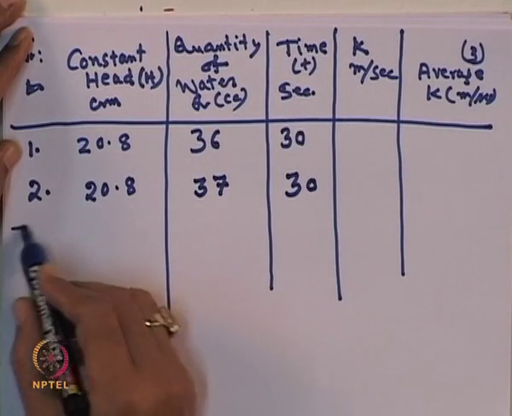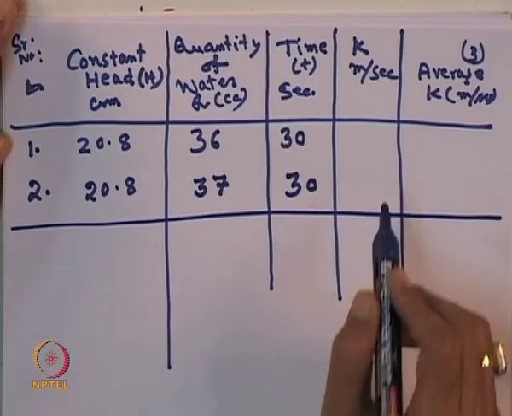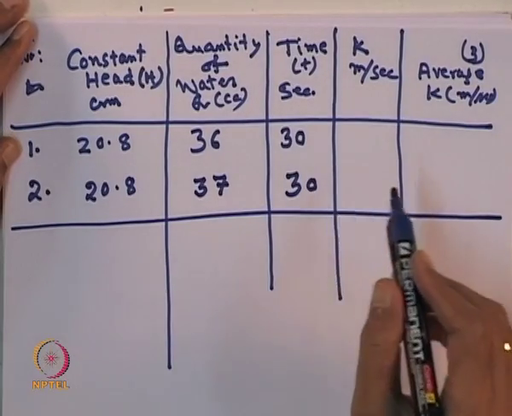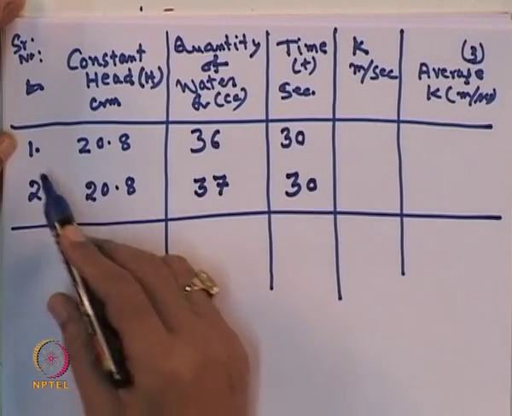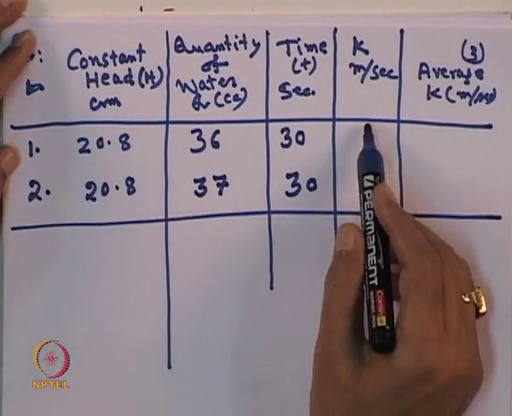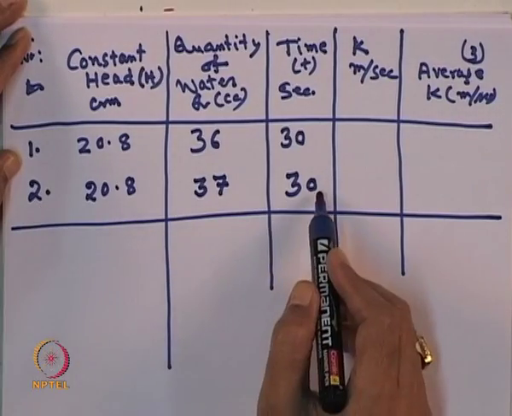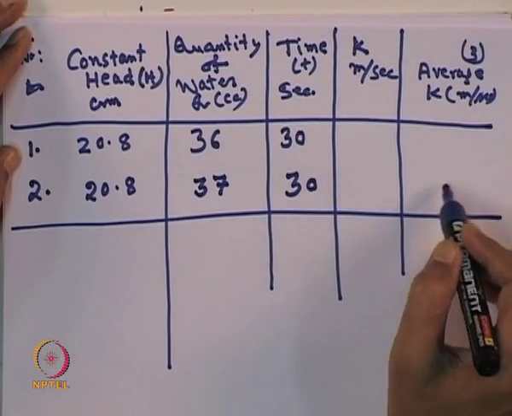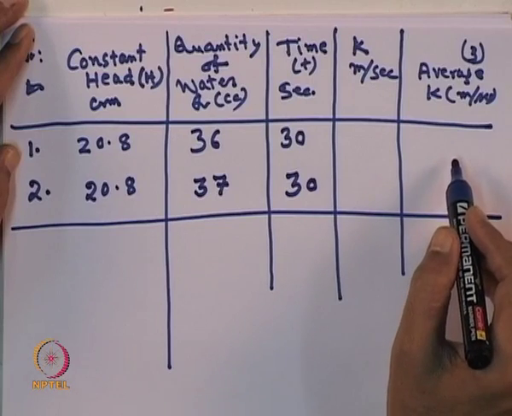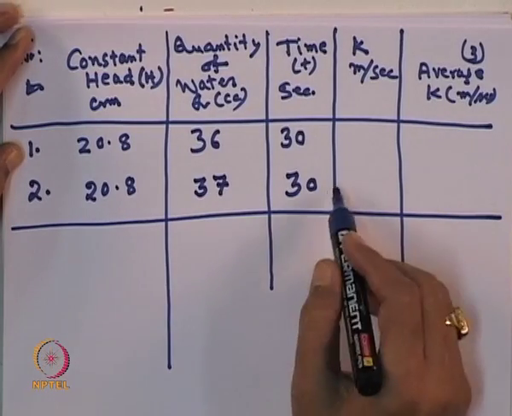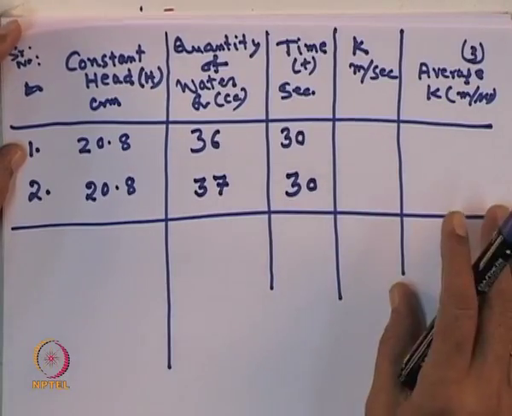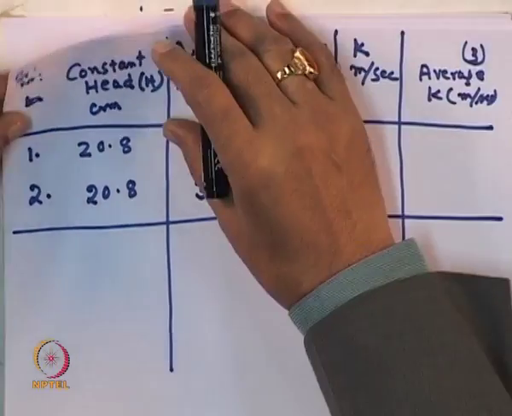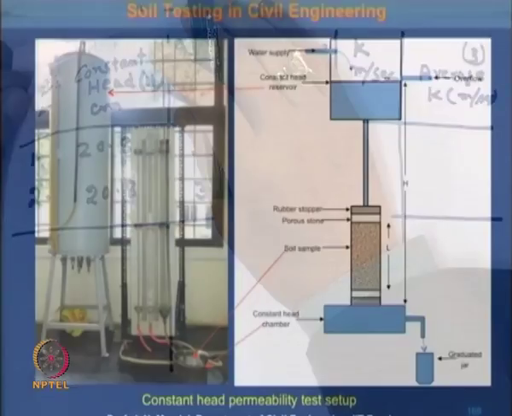And from these two data you can calculate the coefficient of permeability for test number 1, for test number 2, and then you can calculate the average coefficient of permeability. Now I will show you how you can calculate this K value.